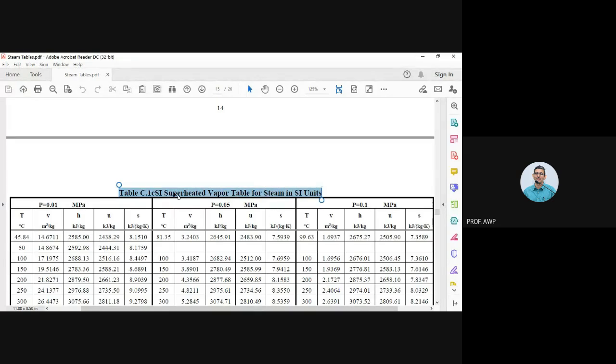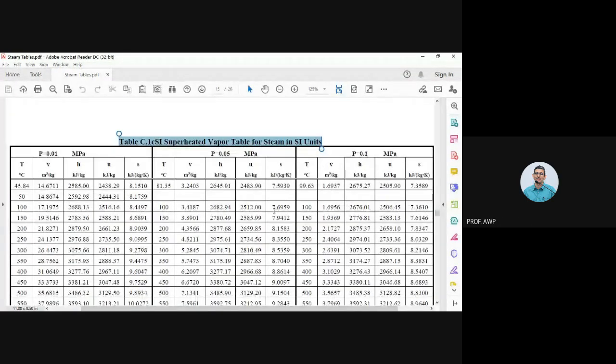You agree with that? What was the pressure of the steam? 150 bar. 150 bar is how many megapascals? So 15 megapascal. Excellent. This is 0.01 megapascal, 0.05 megapascal, 0.1 megapascal.